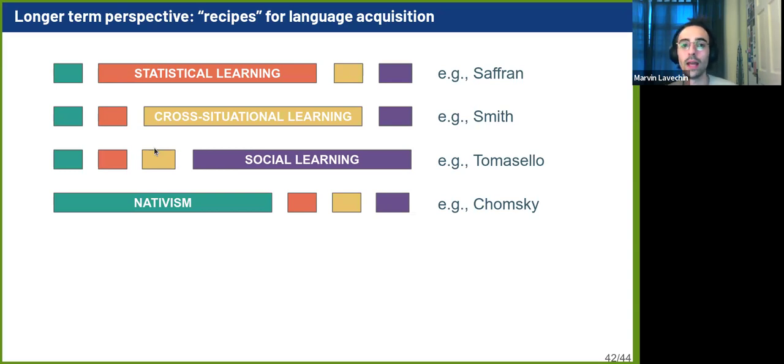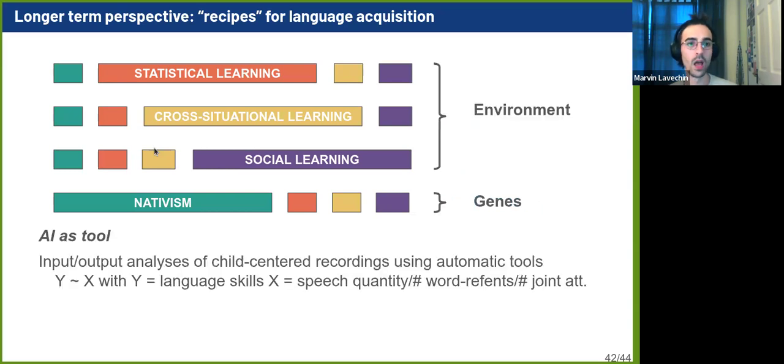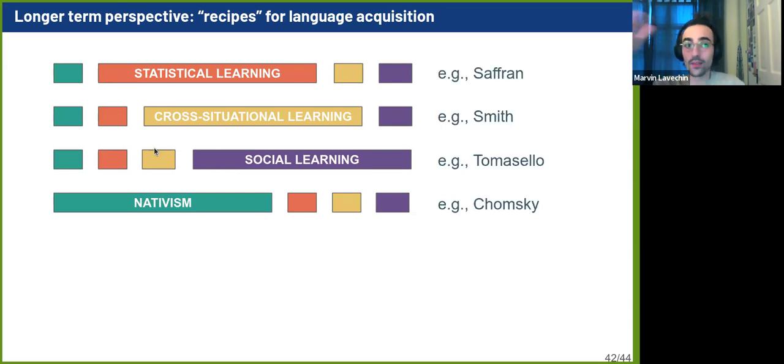And this is represented by Chomsky and his language acquisition device. Of course, these different theories of language acquisition are not mutually exclusive. I think everyone agrees that infants and children use all of these different mechanisms. What people disagree on is the respective contribution of these different mechanisms.